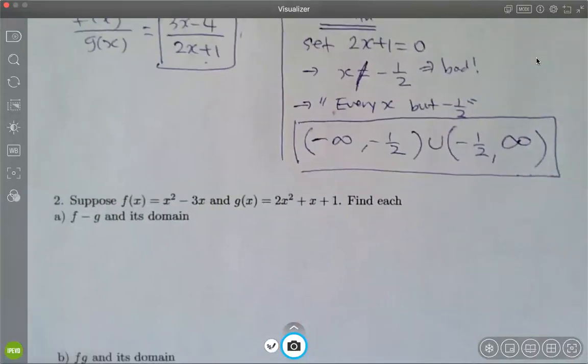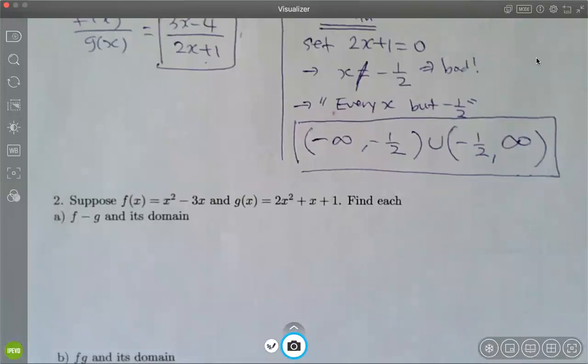Okay, so any questions over this long problem number 1? So what do you notice in this problem number 1 here? The tricky thing is the difference function because of the possible switching signs thing, and then the product, and then the quotient.